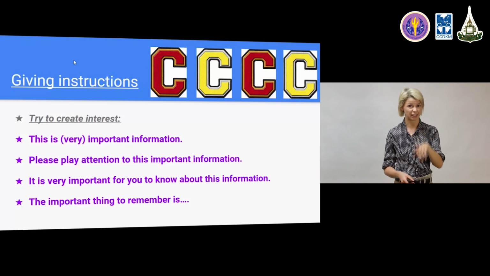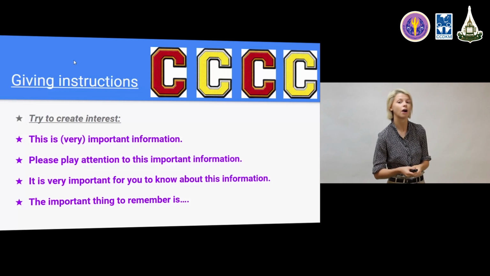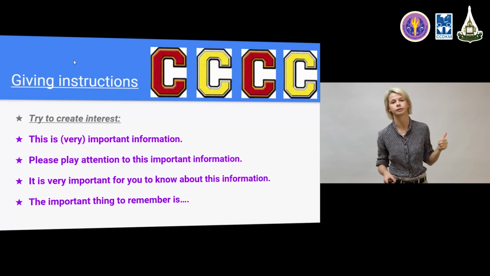You are giving instructions, so you really want their attention, especially if they are important instructions. So tell them that. Use the word important. Hopefully they hear and go, oh, shh, this is important. Shh, listen, get off your Facebook because this is important.